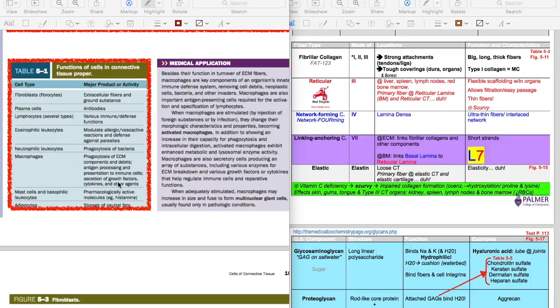They secrete basically cytokines, okay, to make other immune cells do their job, but forget about that. Just know phagocytosis is the eating up of stuff, okay, and neutrophils are going to eat bacteria. Macrophages also eat bacteria. Mast cells are another immune system cell, and adipocytes, okay, store fat.